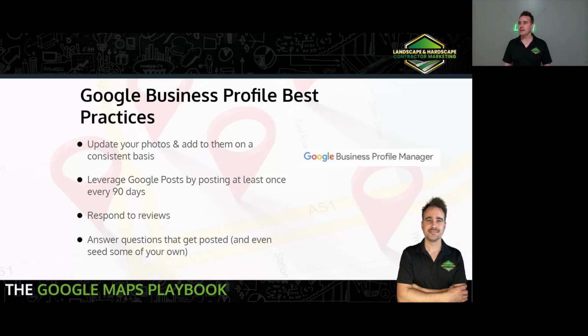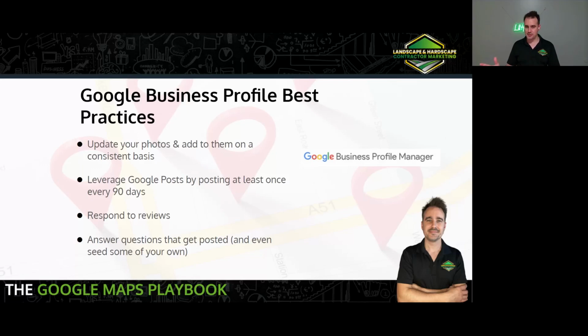Now, that's the setup. That's how everything works in terms of ranking and what affects ranking. But what can you be doing regularly to keep your Google business profile staying on top of the Google search? Photos, we talked about them, regularly and consistently is going to be important for that.